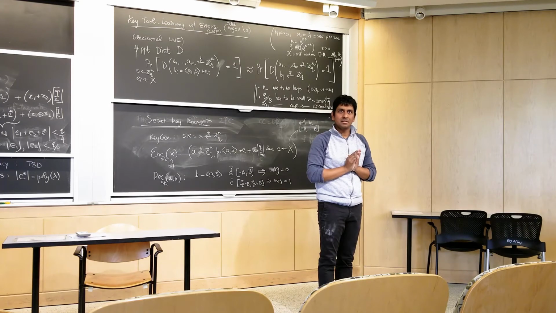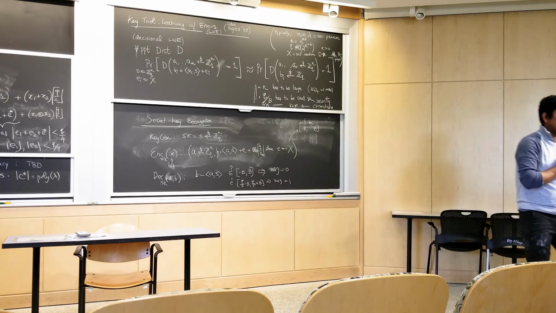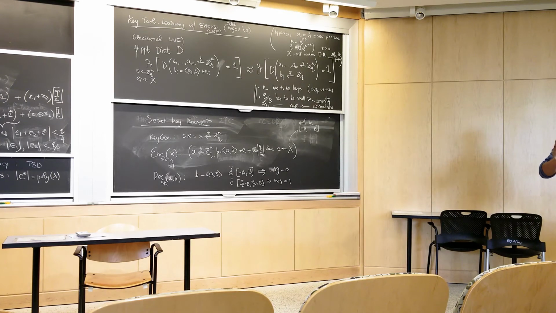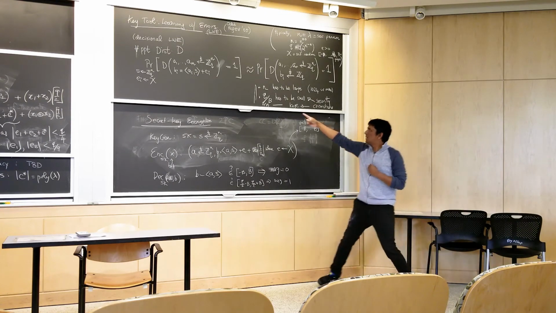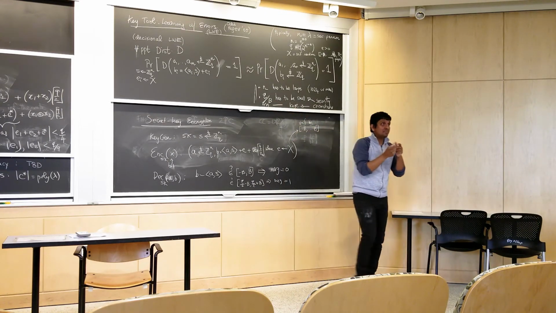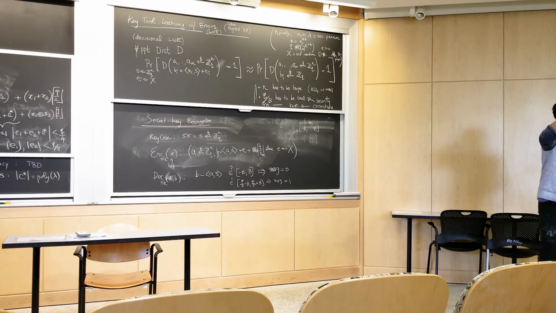Make sense? Yes. Just roughly speaking, how small does Q over B need to be? For security or correctness? For security. For security, I want to set Q to be as close to B as possible, or I want to set B to be as close to Q as possible. Why? Because I want to add as much noise as I can. The more noise I add, the more secure this becomes.